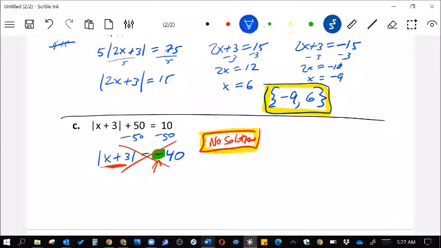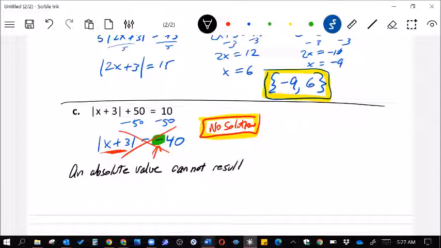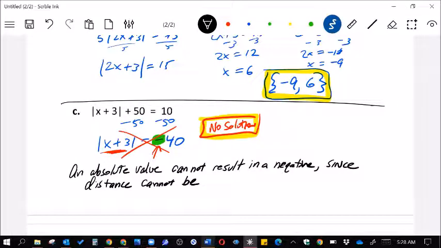And I'll write out an explanation here because it has to do with the fact that it's a distance from 0. Okay. And absolute value cannot result in a negative since distance cannot be a negative.